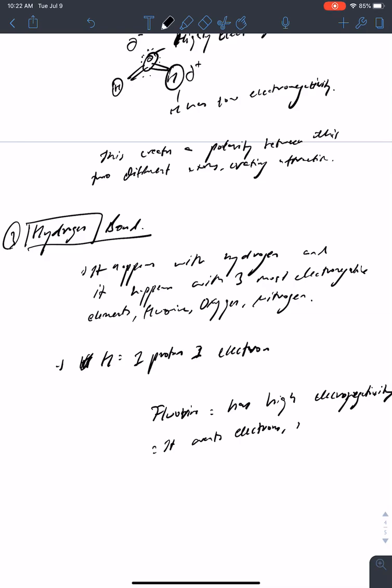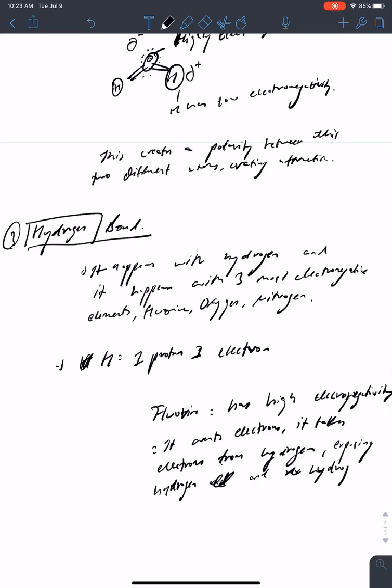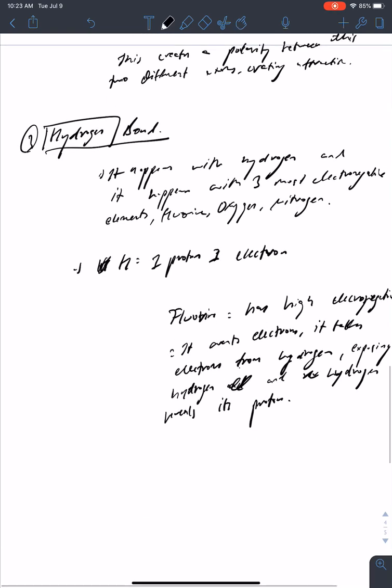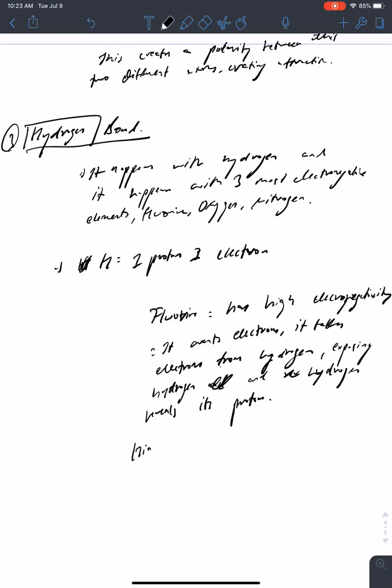So what it does is that it takes electrons from hydrogen, exposing hydrogen and revealing, hydrogen reveals its proton.